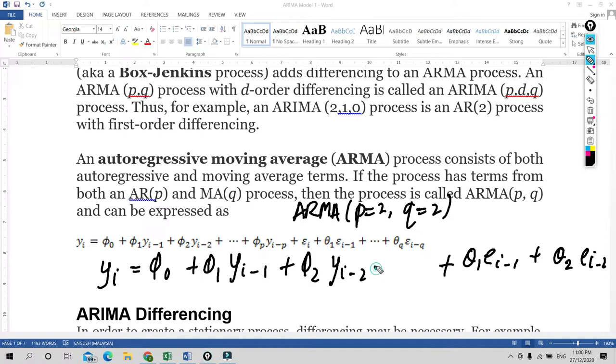Don't forget to put the error term epsilon_i, shared between AR and MA. This is how we write ARMA(2,2).